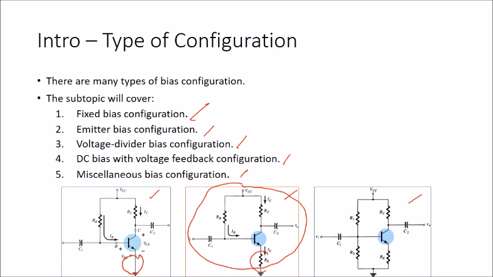We can also compare the voltage divider bias configuration with the emitter bias configuration. The difference is the notation. Instead of RB, they use R1, and they have another resistor here, the R2.